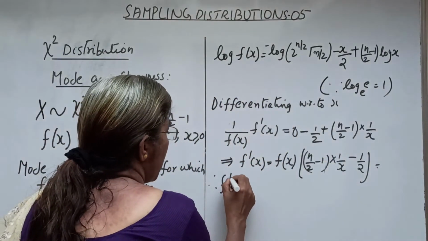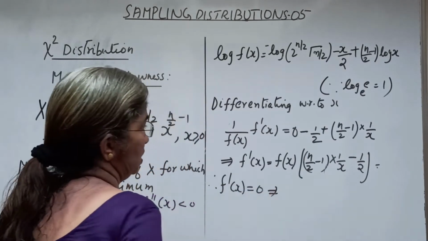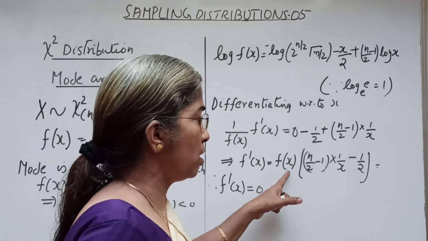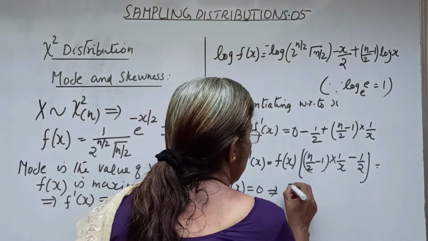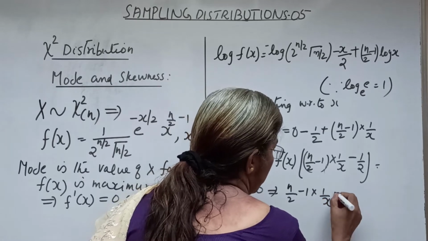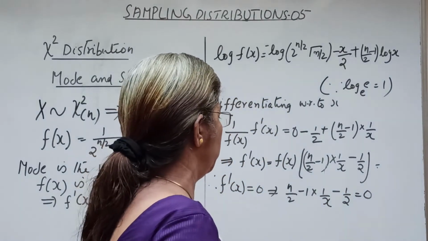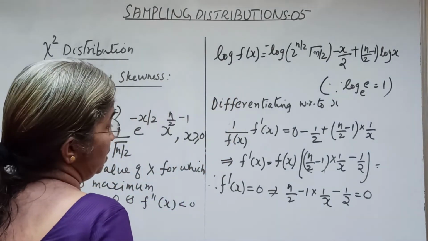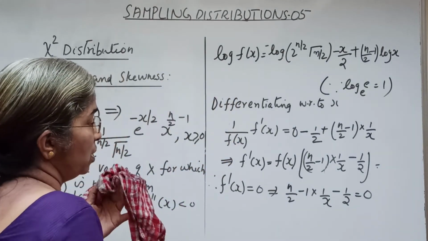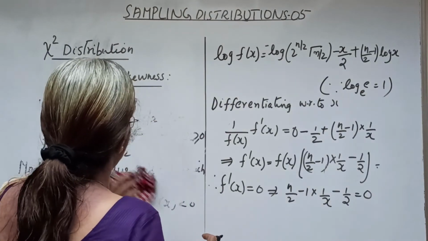Therefore, f dash x equal to 0 implies, since f of x cannot be 0, n by 2 minus 1 into 1 by x minus 1 by 2 equal to 0, which implies n by 2 minus 1 into 1 by x equal to 1 by 2.